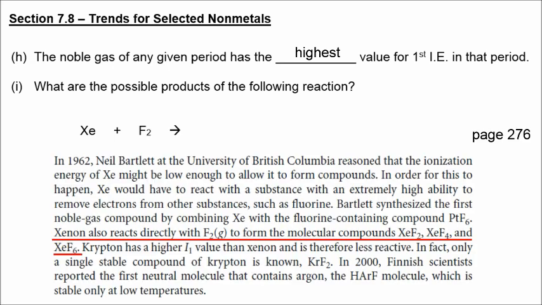So on page 276, they mentioned that back in the 60s, Neil Bartlett at the University of British Columbia was able to create the first noble gas compound, and that was a xenon fluoride compound, XeF2, so xenon difluoride, xenon tetrafluoride, XeF4, and xenon hexafluoride. So the possible products are a mixture of those three compounds.